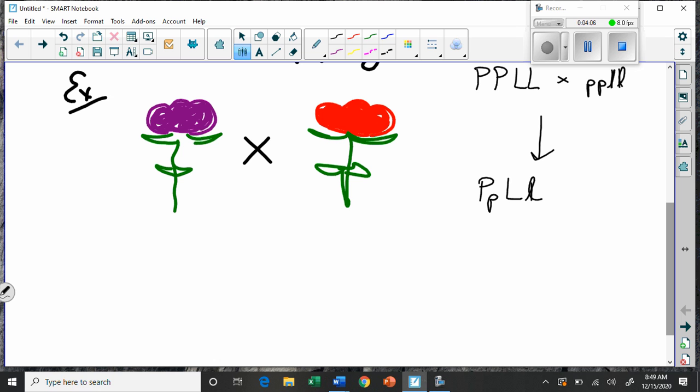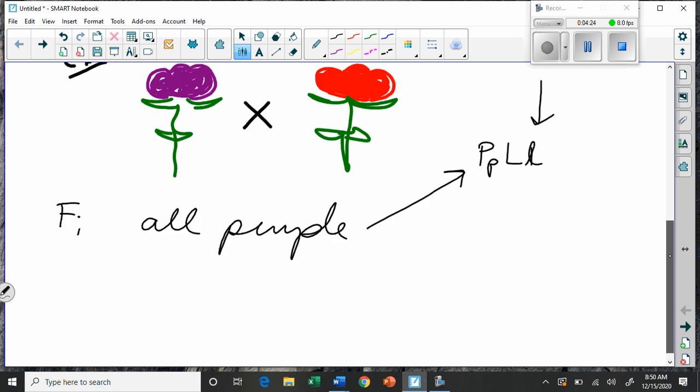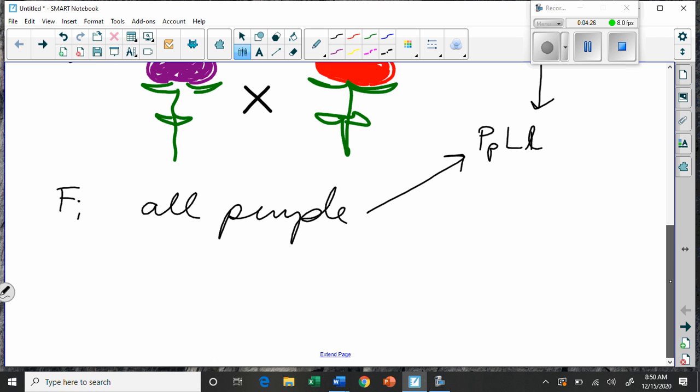So the purple is the dominant color, right? In the F1 generation, I'm just going to write all purple. But they have this genotype. So they're now heterozygous because of the cross. Then what we do is we cross the next generation. So we take those flowers and we cross them again.